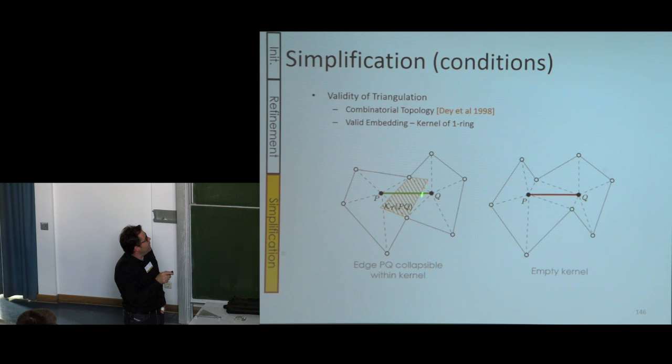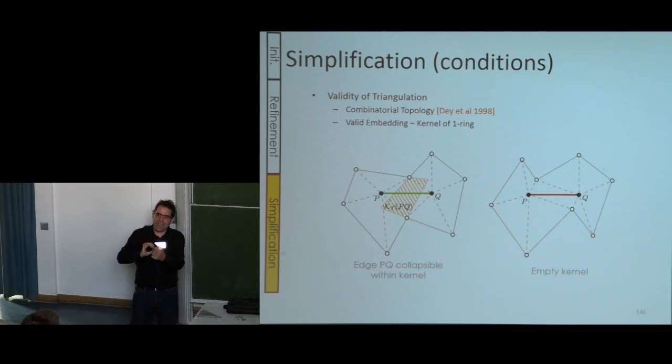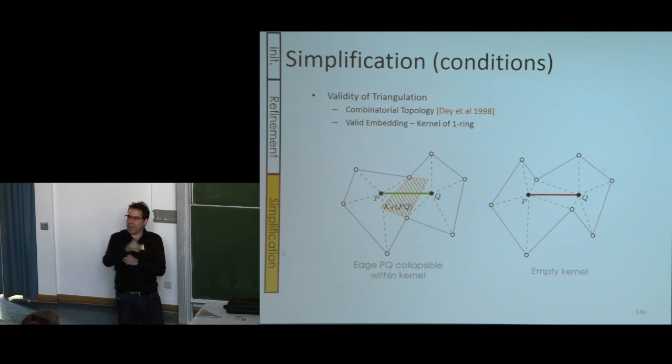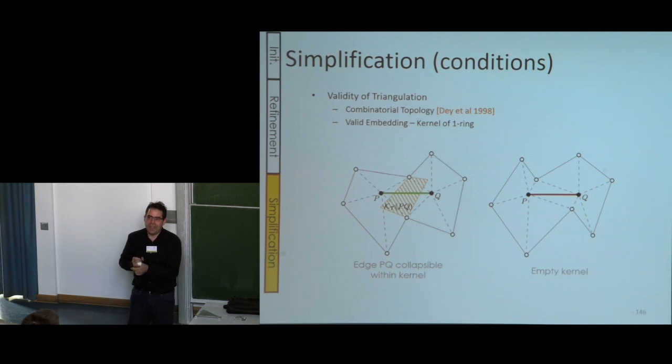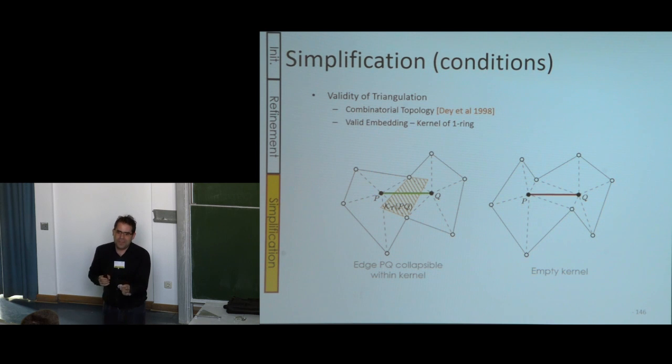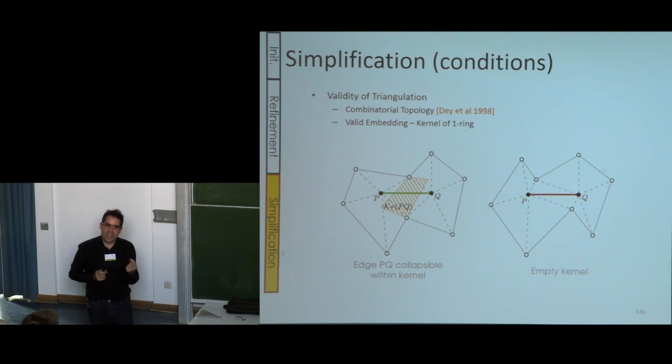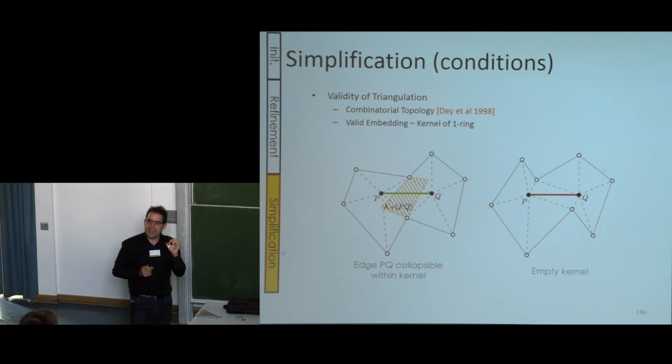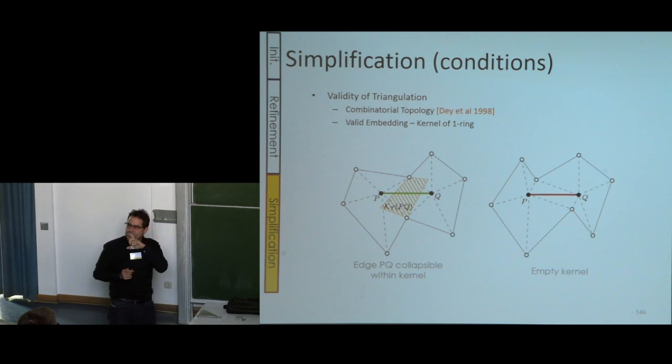You see this kernel? This is the kernel of the union of the triangles of these two vertices. Okay, you see this polygon? The kernel is the locus of points that see all the boundary of the polygon. From this point, I can see all the boundary of my polygon. If the kernel is not empty, I can safely collapse an edge with the vertex in that kernel.